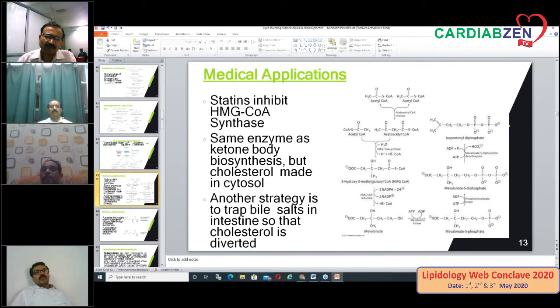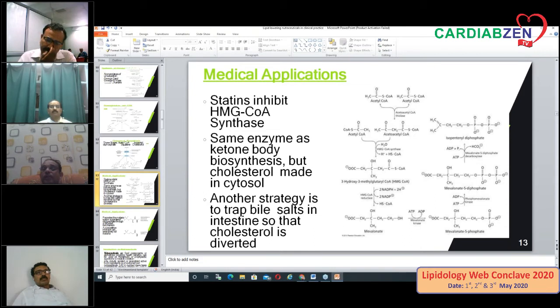Now, what are the medical applications of cholesterol and its naturally occurring nutraceuticals? Statins inhibit HMG-CoA synthase. The same enzyme is required for ketone body biosynthesis, but cholesterol is made in the cytosol. Another strategy is to trap cholesterol in the intestine so that it is diverted.